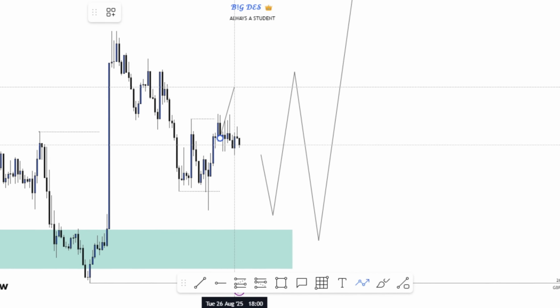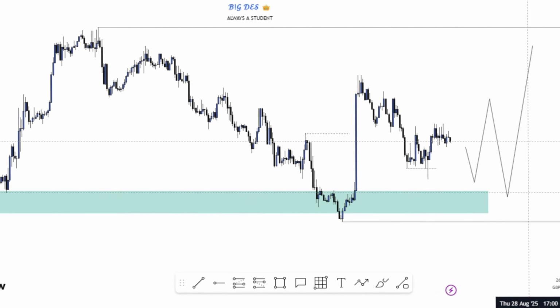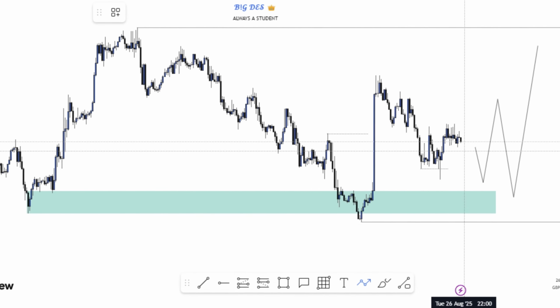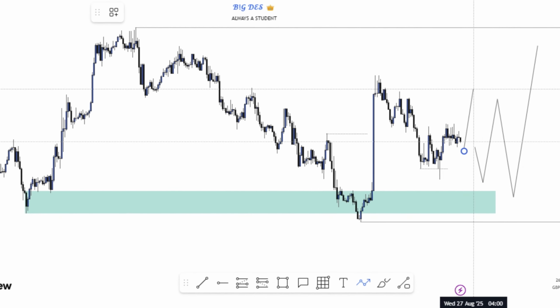So what I'll be looking out for is either another push. Once this push happens, I'll still use this low as my engineered liquidity and then get in.